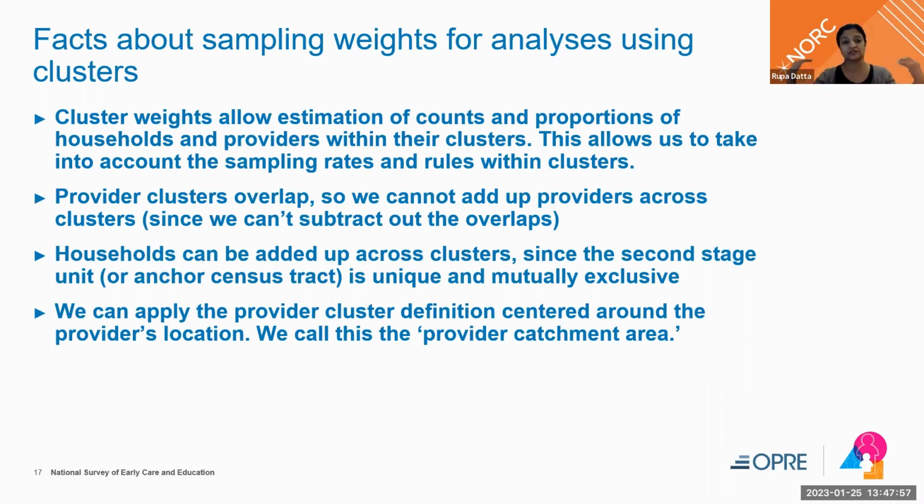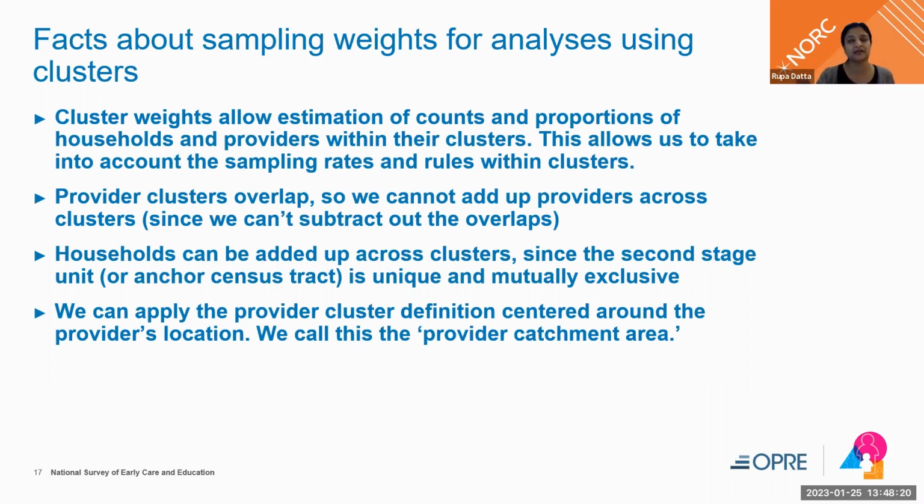If we are describing the 750 provider clusters, obviously they are diverse and they span the nation, but we can't say that the percentage of clusters that have a certain feature accurately represents the percentage of communities nationally that would have that feature.